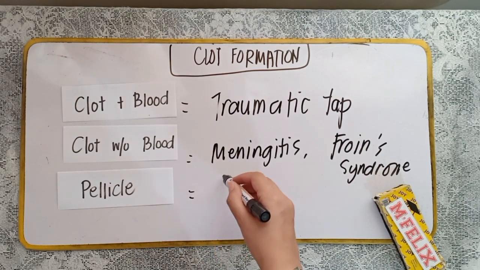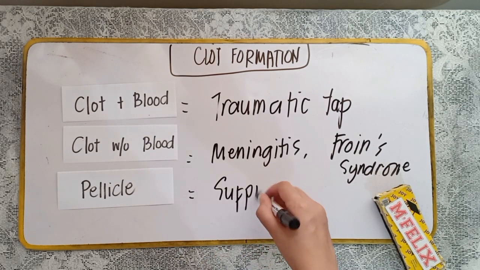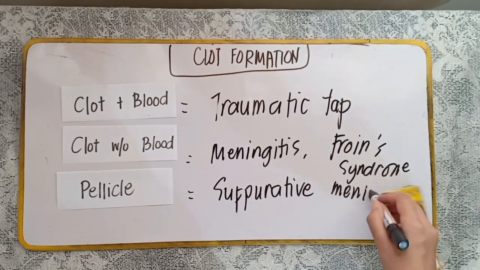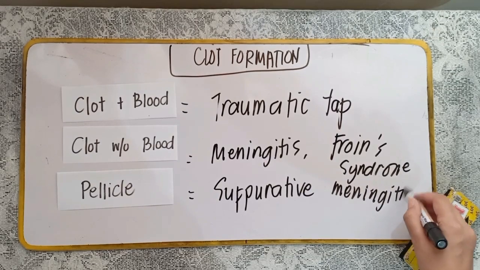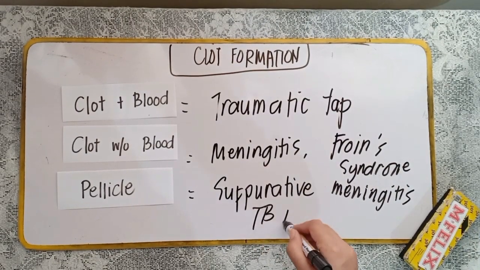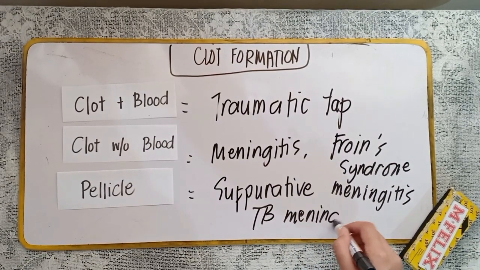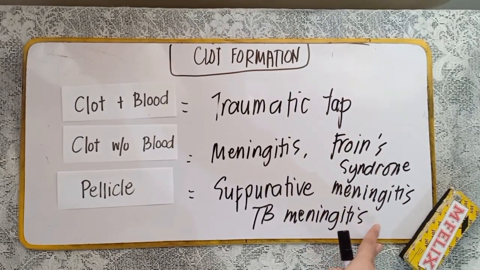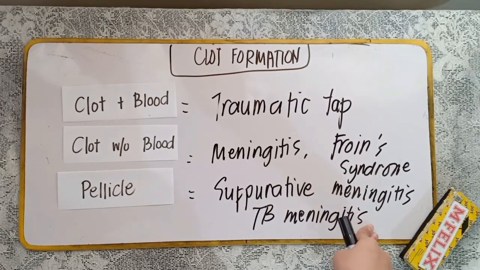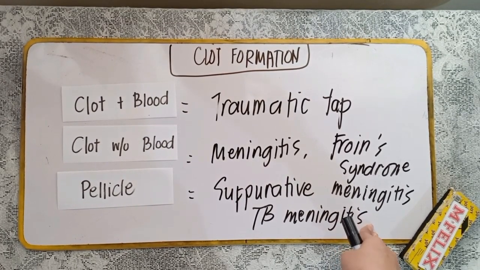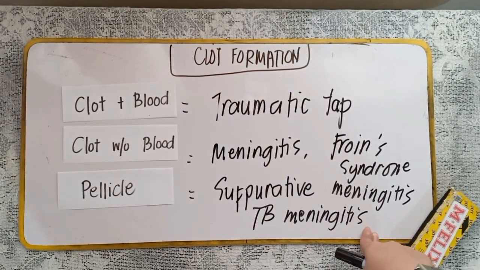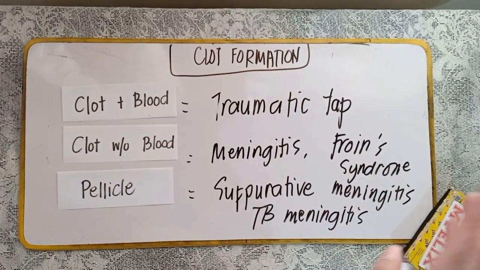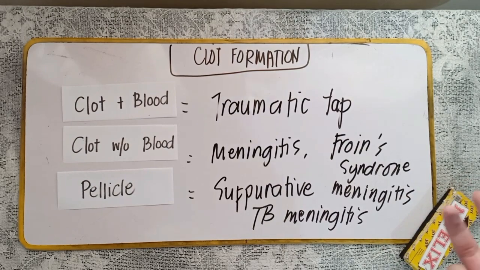Again, where do we see this? In patients with suppurative meningitis and TB meningitis. What do we call this type of TB involving the CNS already? We call it Pott's syndrome.